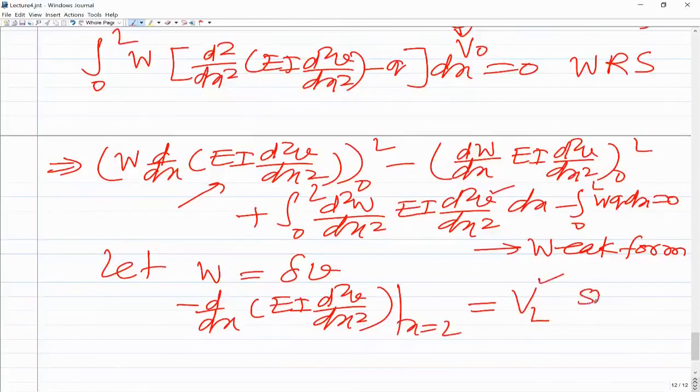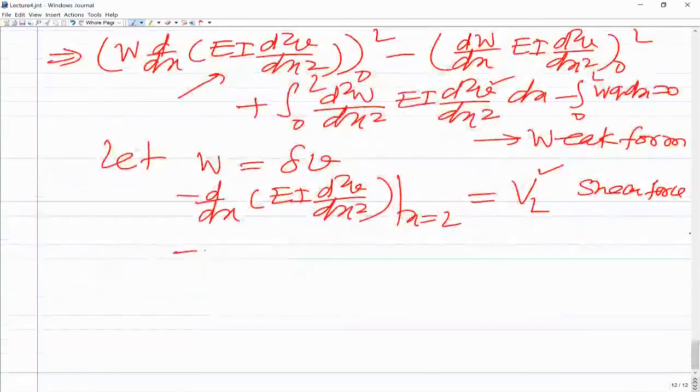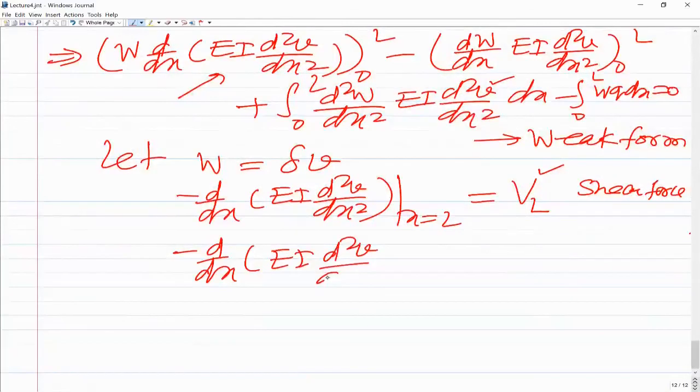So this is the shear force at x equal to L. And similarly, minus d by dx of EI d2v by dx square at x equal to 0 is V0.